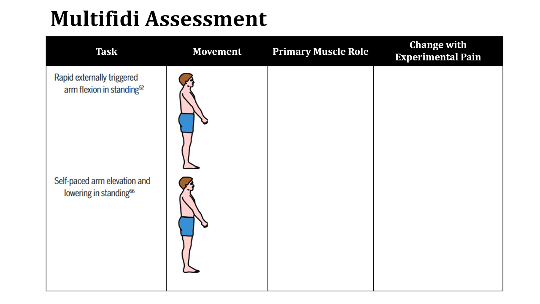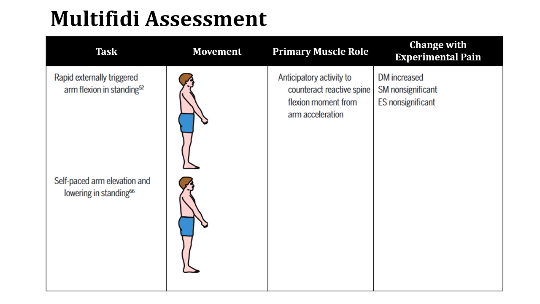The primary muscle role is an anticipatory activity to counteract the reactive spine flexion moment that would come from the arm acceleration. However, in studies with experimental pain, we see increased activation of the deep multifidi, with the superficial multifidi having non-significant changes, same with the erector spinae.